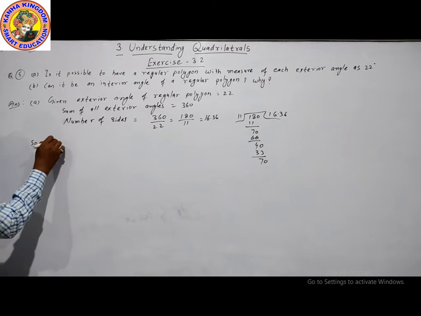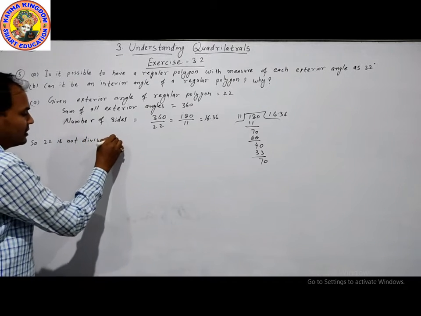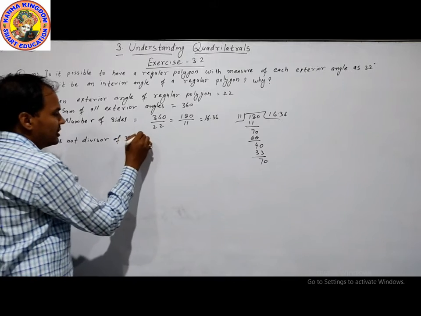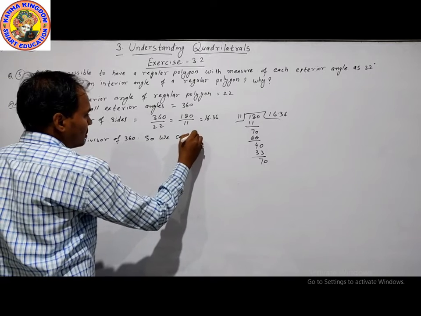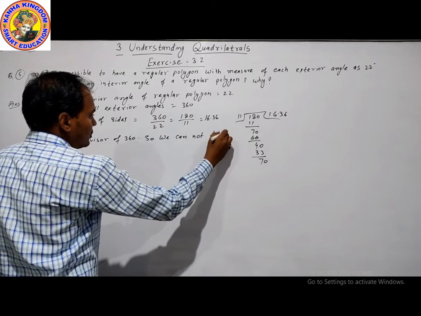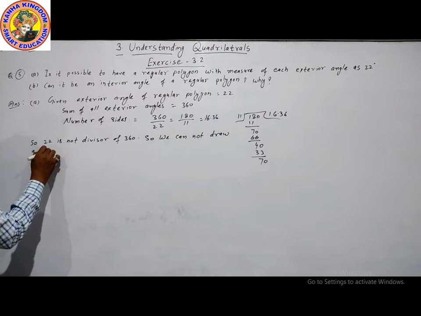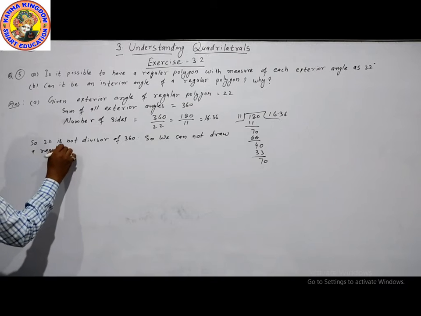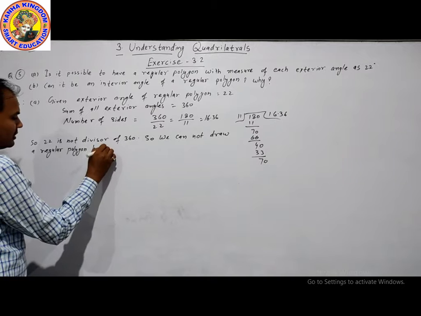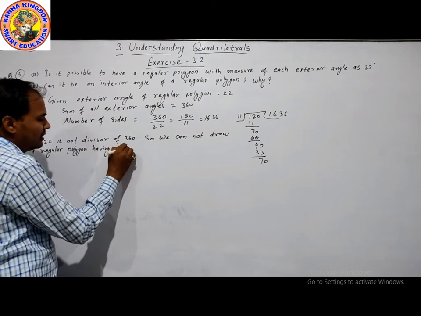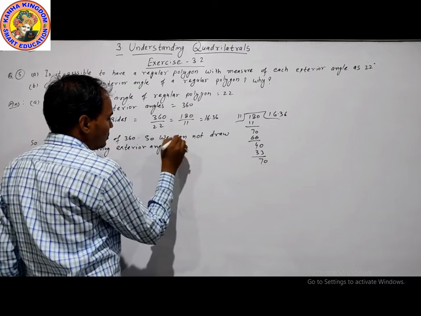So 22 is not a divisor of 360, so we cannot draw a regular polygon having exterior angle 22.